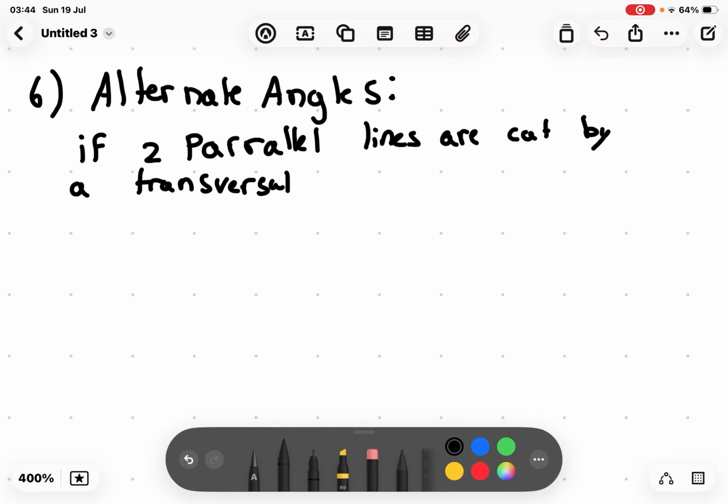So alternate angles are basically about if two parallel lines are cut by a transversal.